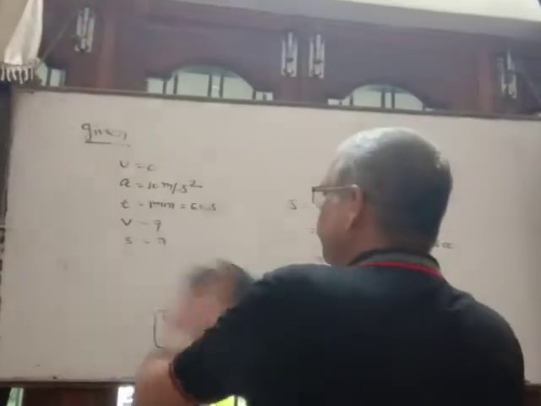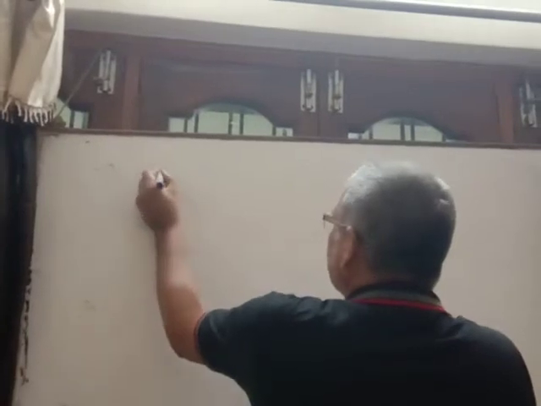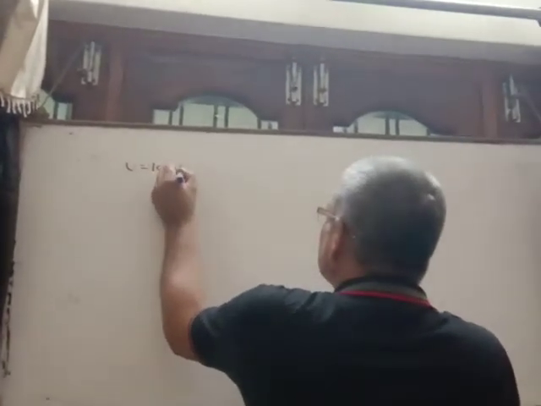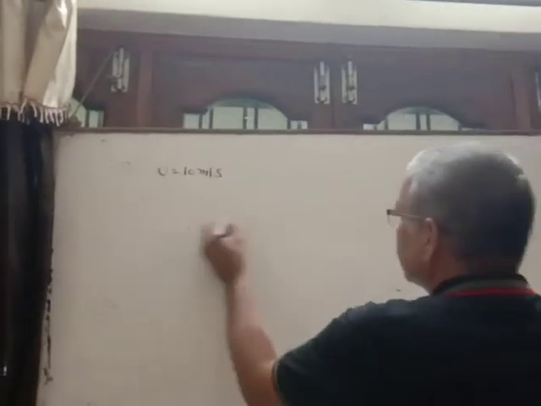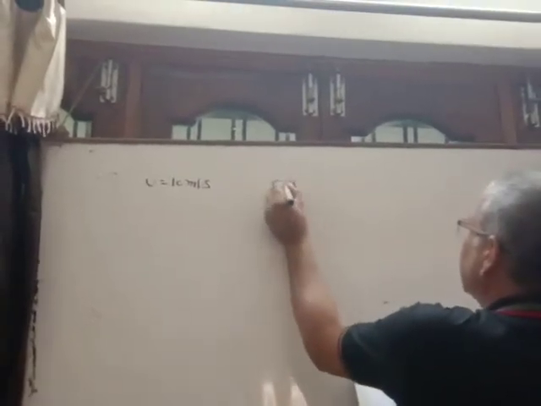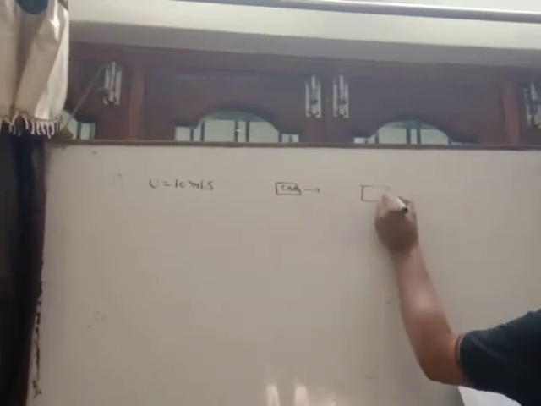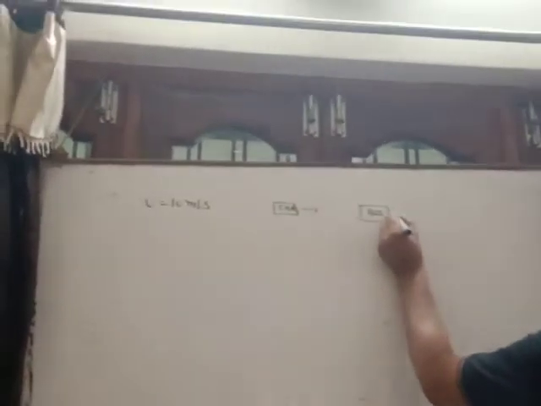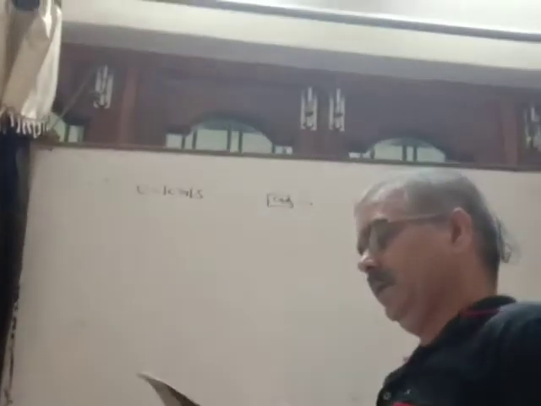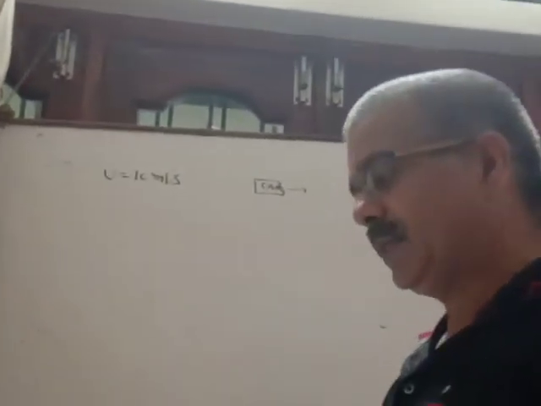Second question. A car moving with uniform velocity 10 meter per second. It is initial velocity 10 meter per second. The driver of the car decided to overtake a bus moving ahead of the car. Suppose it is car and here it is bus. So a car is moving with a uniform velocity of 10 meter per second.